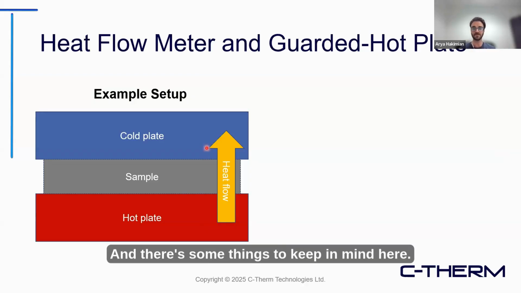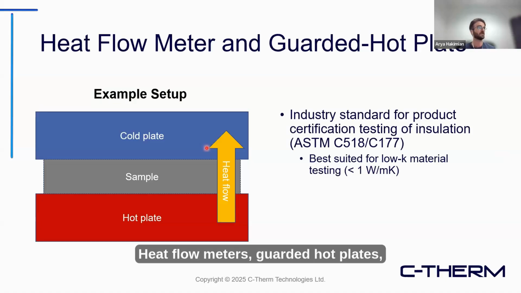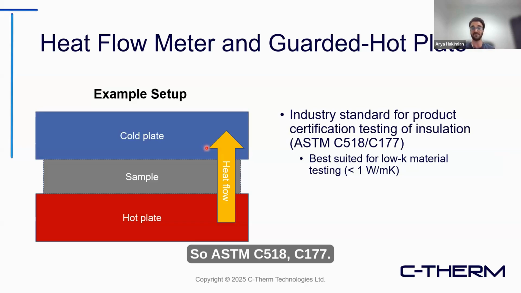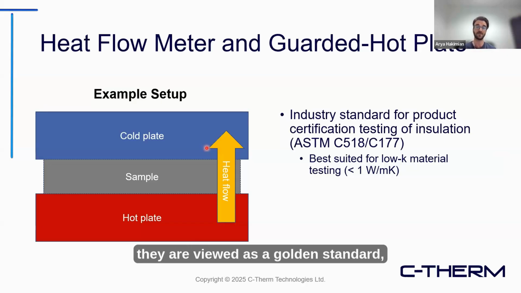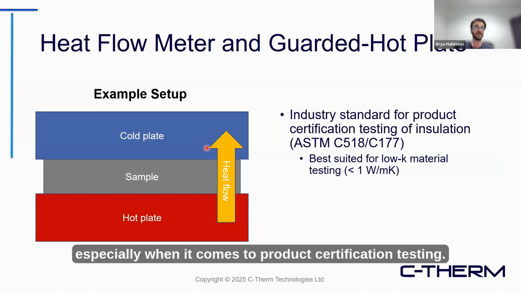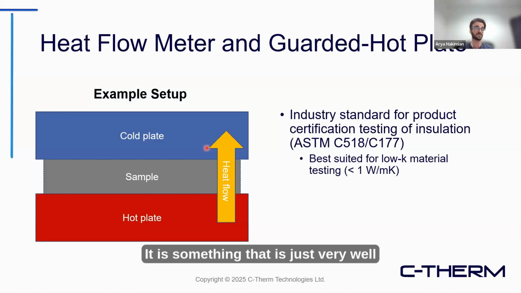Heat flow meters and guarded hot plates are sometimes referenced by the ASTM standards, ASTM C518 and C177. By and large, in the insulation industry, they are viewed as a gold standard, especially when it comes to product certification testing. It is very well ingrained in that industry.